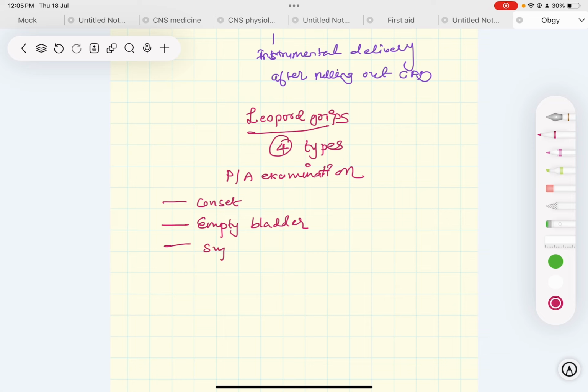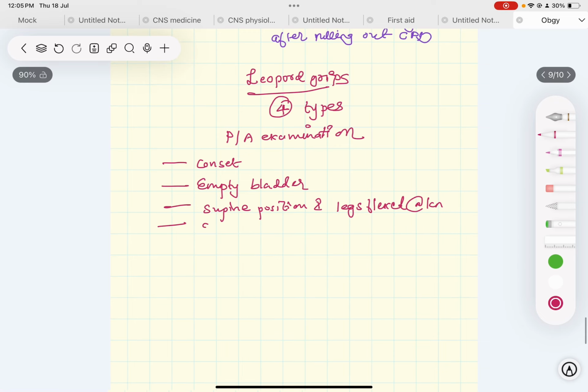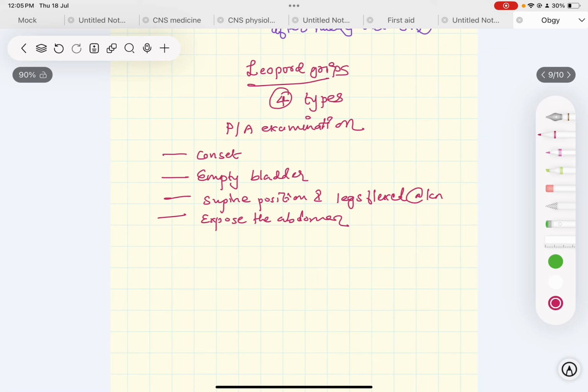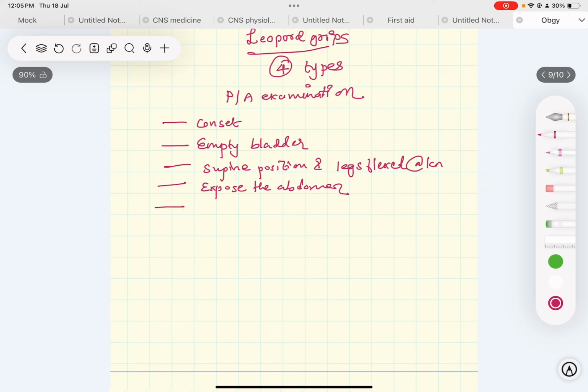And what will be the position? Supine position, and the legs are flexed at the knee joint, and then we have to expose the abdomen and cover the legs with a sheet up to the symphysis pubis, and we have to stand on the right side of the patient.